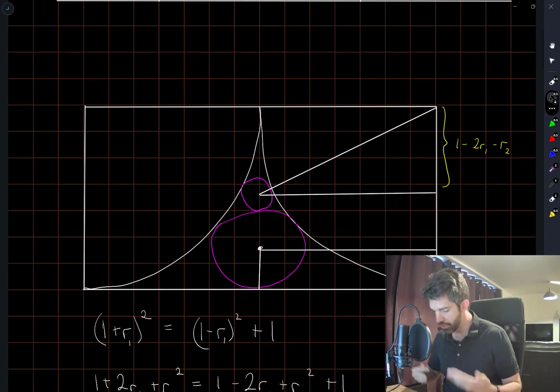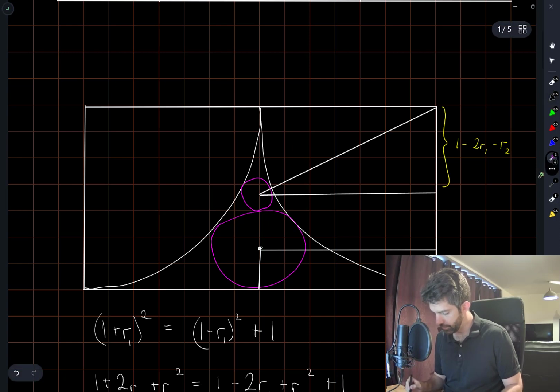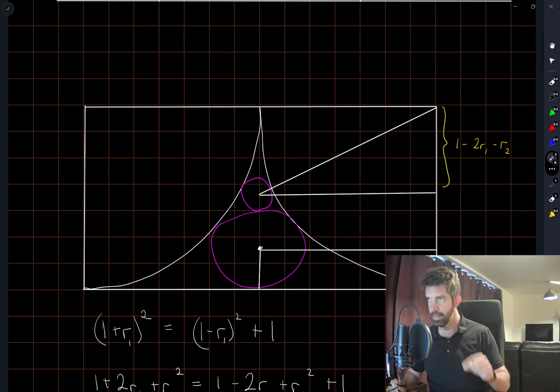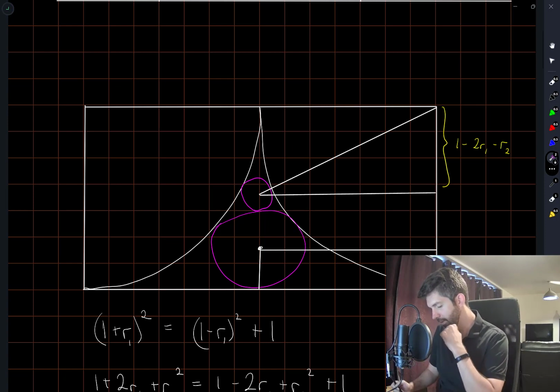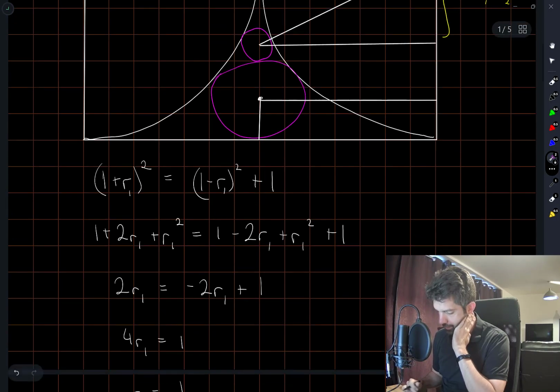I should be able to generalize this procedure quite easily, except that as I keep building more and more circles here, this thing is always going to be of the form 1 minus the sum of all of the previous diameters minus the radius of the current circle we're interested in. So what is it? It would be nice to have a general expression for that in some way.